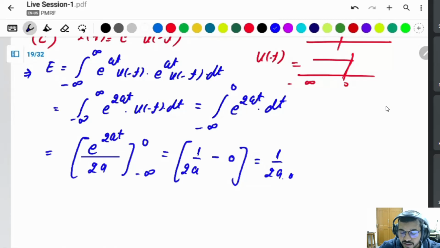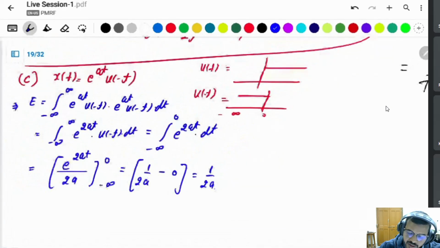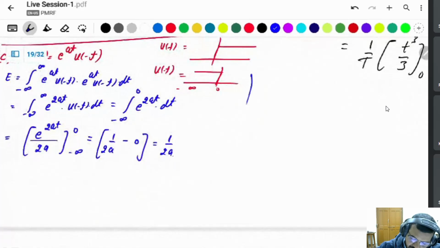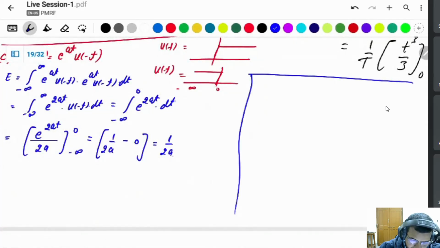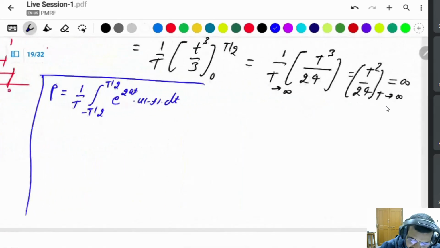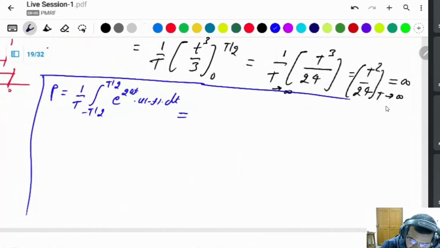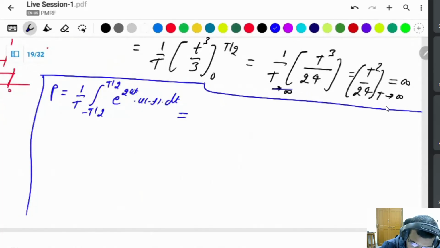Energy is finite. It means this is an energy signal. But calculate the power also. Then power will be maybe 0. One by t integration from minus t by 2 to t by 2 of e power 2at into u of minus t dt. The integration limit will be changed, minus t by 2 to 0 only.